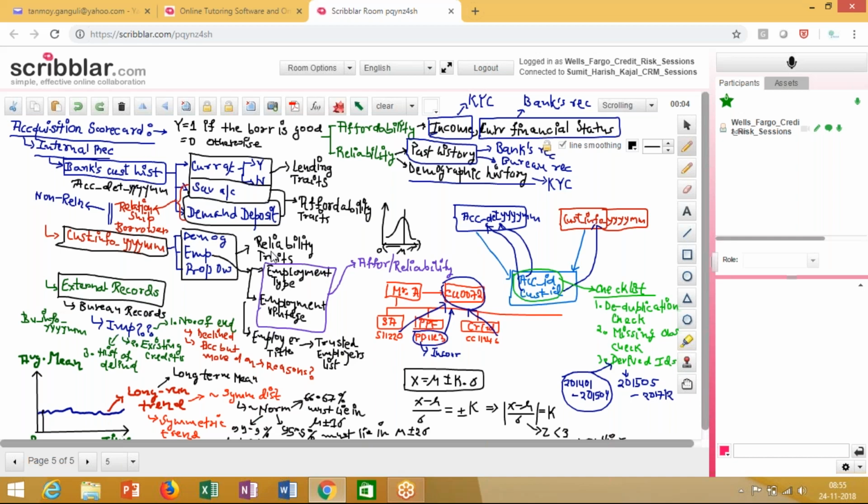We have been discussing the initial parts of the data quality check exercise in some of the previous sessions. So in today's discussion, we will take that up on a more full-fledged basis, starting with the major data quality check exercises that we will be performing.